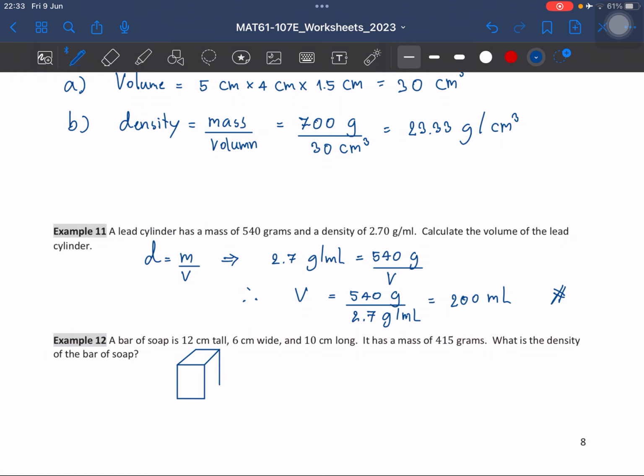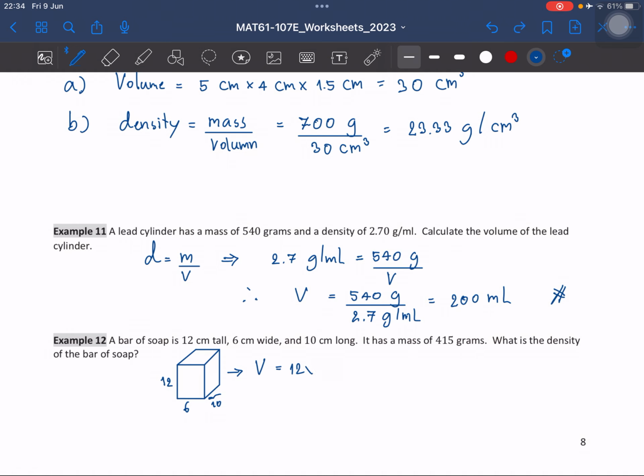Okay, wow, it's wonderful. 12 tall and 6 wide and 10 long. So then you know the volume immediately, it is 12 times 6.